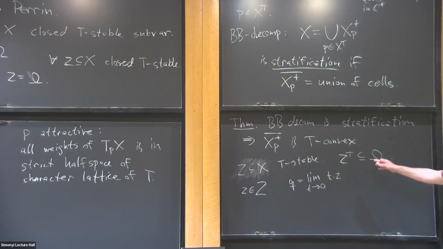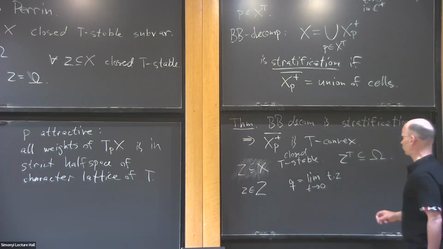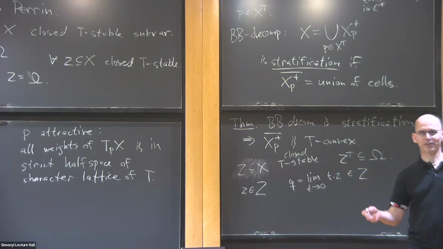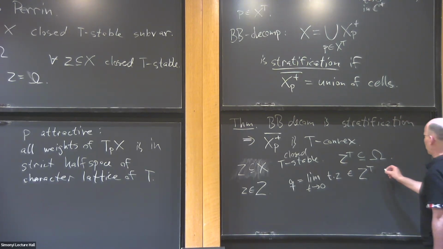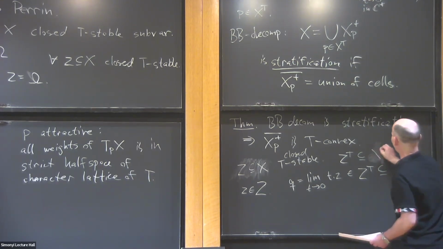Because Z is closed, this will be a point in Z, and since we are taking a limit, we also get a T fixed point, and omega was the cell closure.